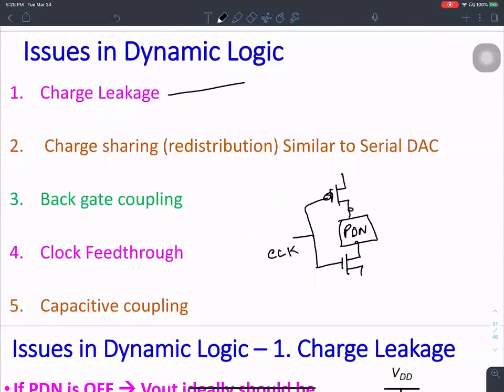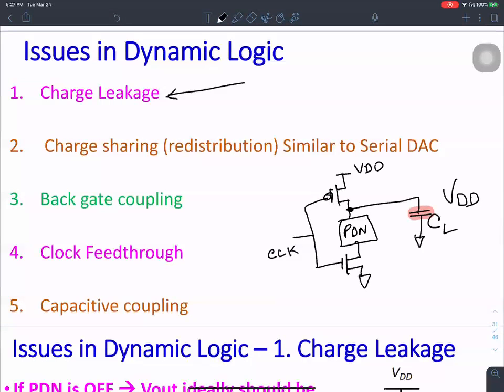The output here is connected to the load capacitance CL. That's the idea of a dynamic logic gate, right? So this capacitance here, when I charge it to VDD during the pre-charge phase, there can be a bunch of different problems after that.